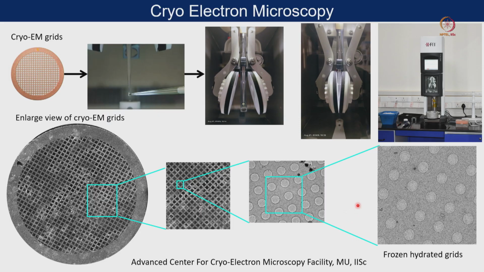So this is the technique. Basically we add the sample and fix it in amorphous ice. That is one of the reasons the cryo-EM sample stays at physiological condition. The sample cannot move anymore, and due to the very low temperature, it maintains all its physiological behavior and overall architecture.